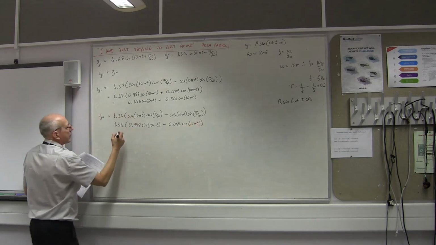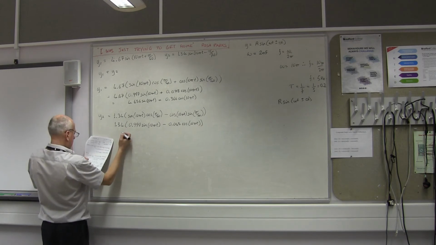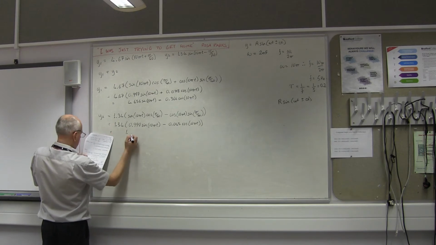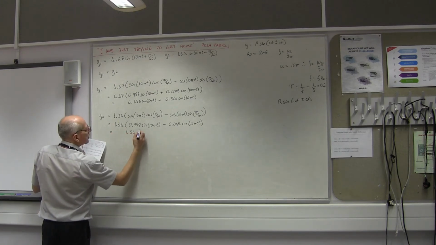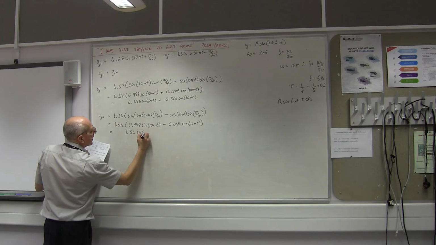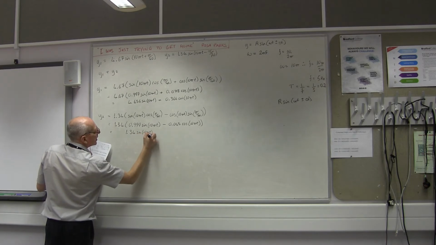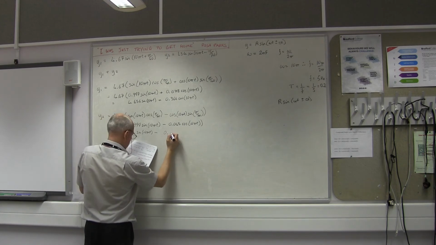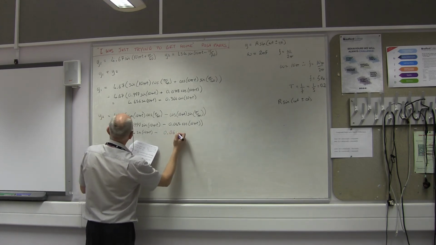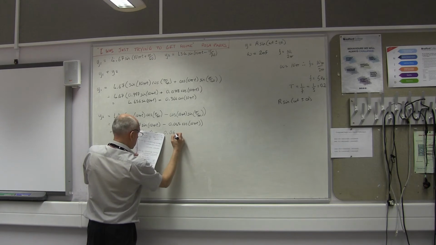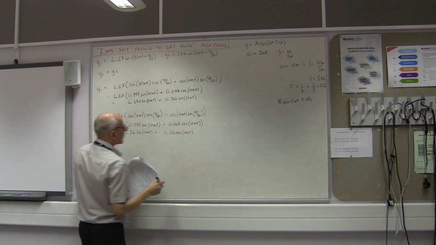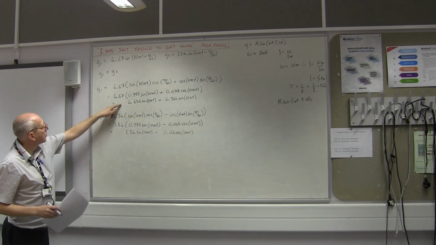And then when I multiply out the brackets, I then will get finally 1.34 sine 10 pi t minus, this is 0.06 cosine 10 pi t. Okay? So that's y1 and that's y2.